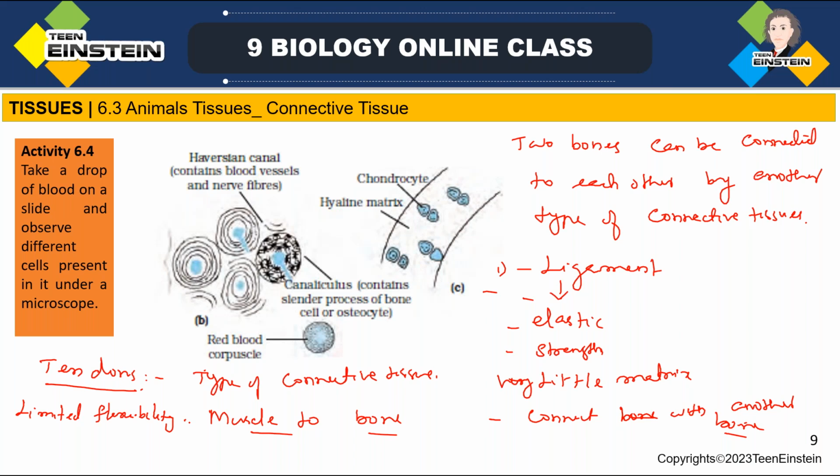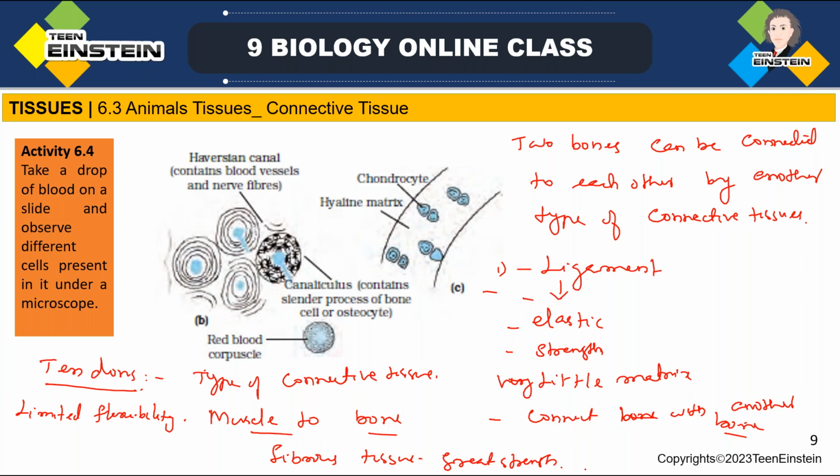Tendons are fibrous tissues, but they have strength. They have great strength, and they have limited flexibility. They are not much flexible, but ligaments are elastic.